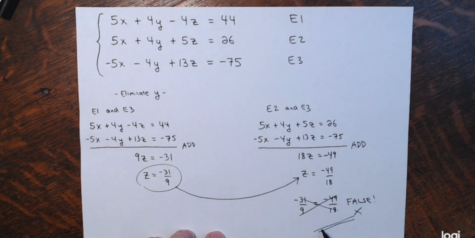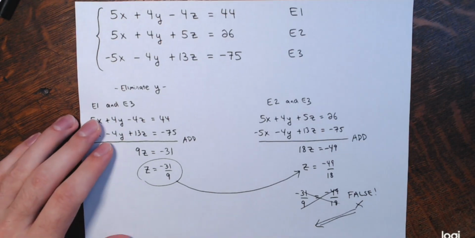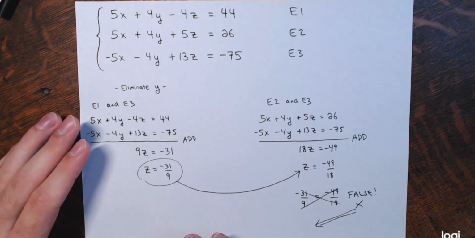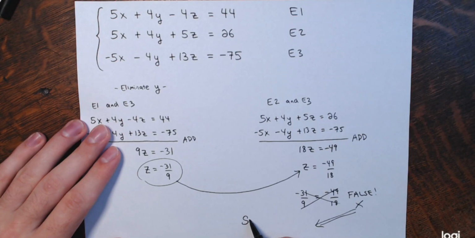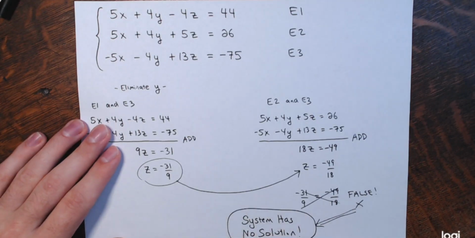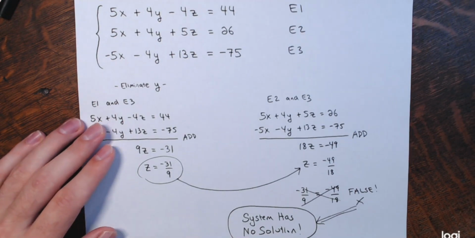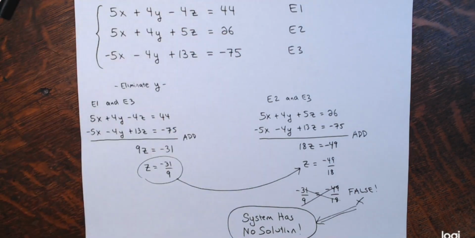If you end up with a statement that's false with no variables in it, that means that this system has no solution. There is no ordered triple, no value of x, y, and z that will make all three equations true at the same time.